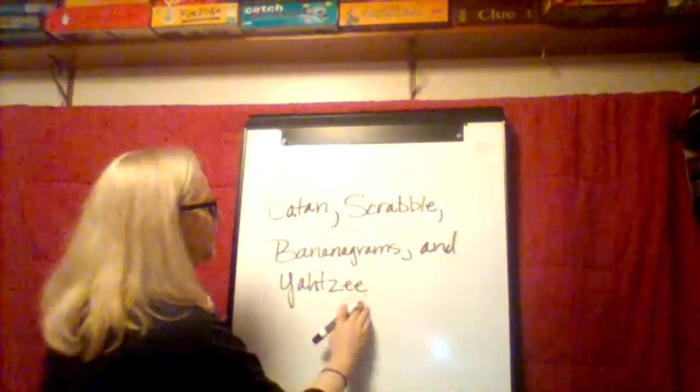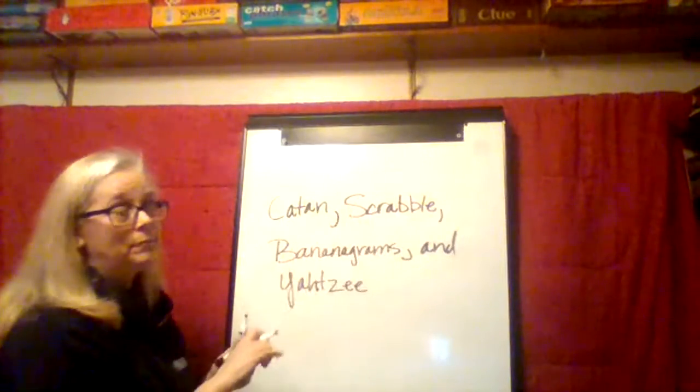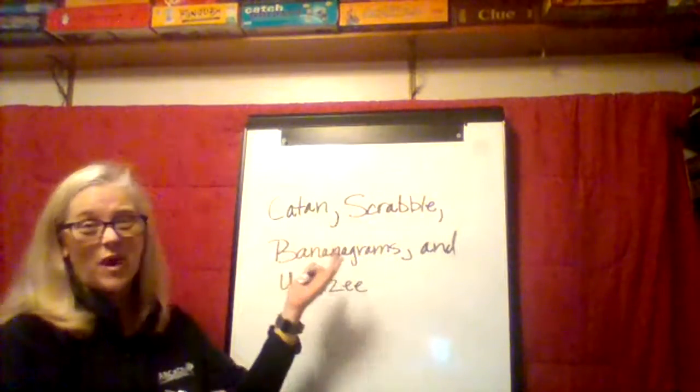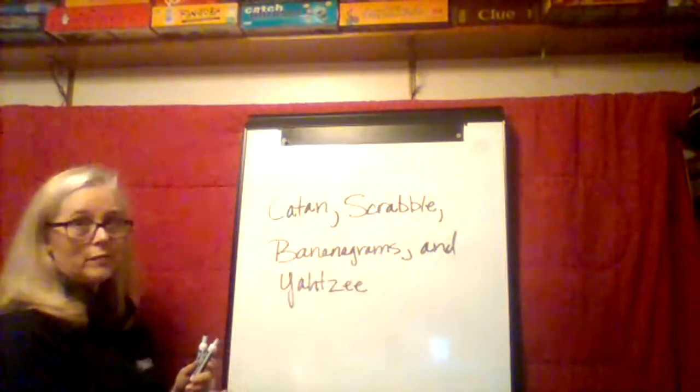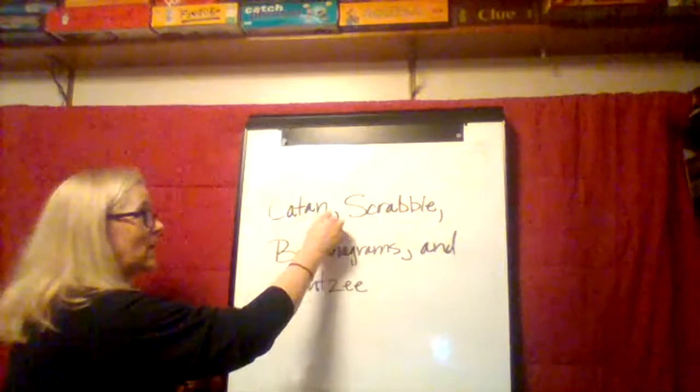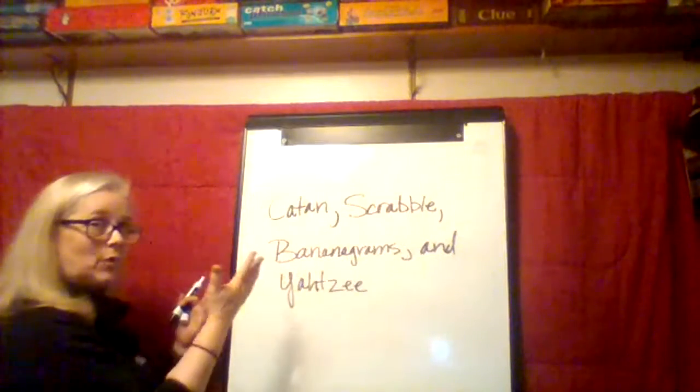So you'll see I put a comma between each item because I don't have a Catan Scrabble. That'd be weird. I don't have a Scrabble bananagrams. So you put commas to divide the words, to separate the words.